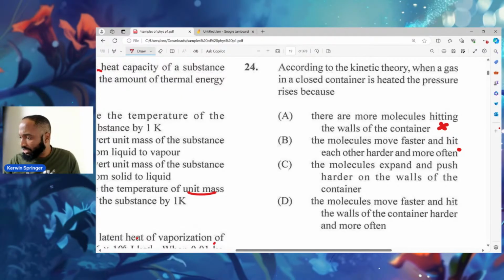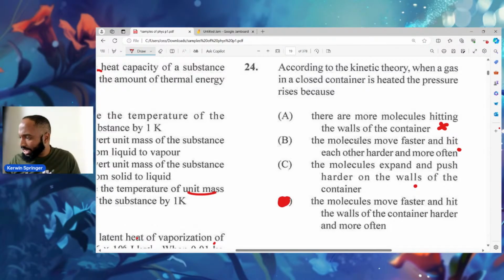The molecules move faster and hit the walls of the container harder and more often. So D is the best answer for this. All the rest are a little weird. So D is the best answer, that talks about hitting the walls of the container.